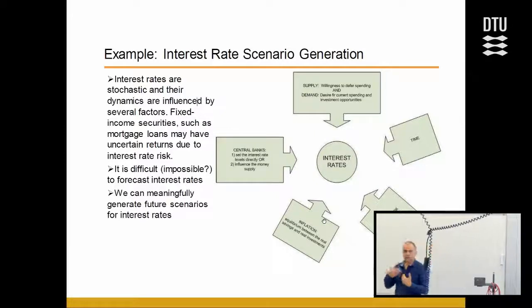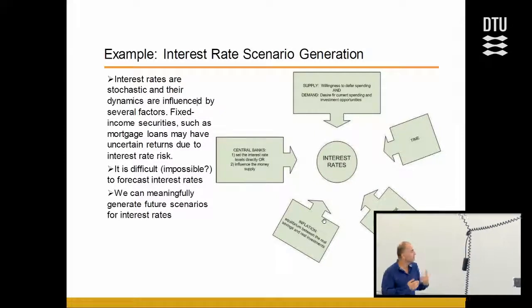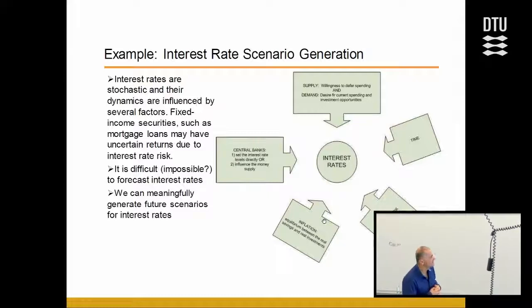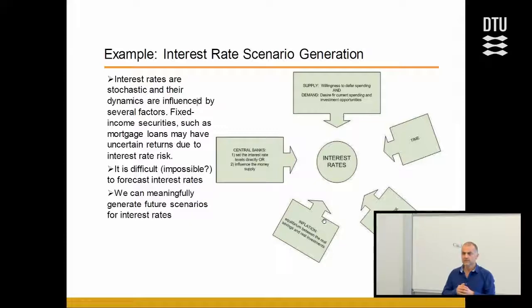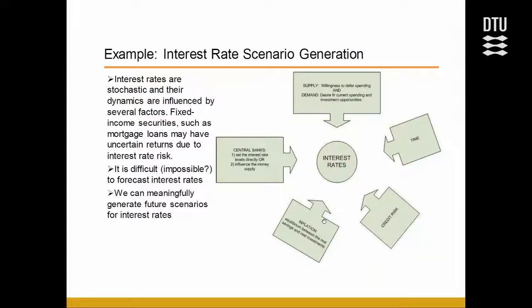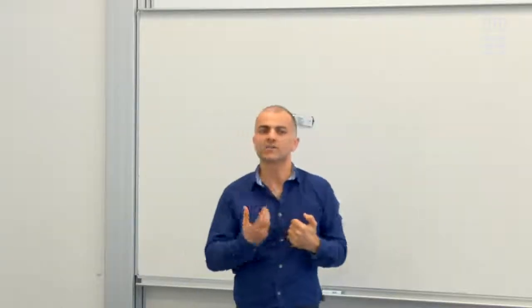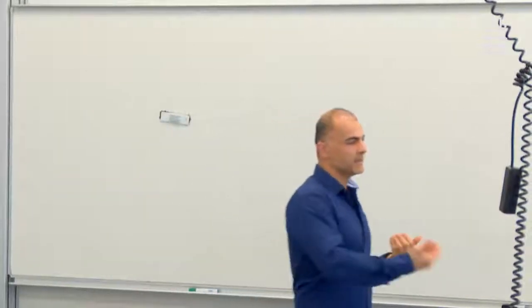Supply and demand of what? What kind of supply and demand has an impact on interest rates? On loans, money, right? The money market. So interest rate is kind of the price of money, the price of lending and borrowing money.